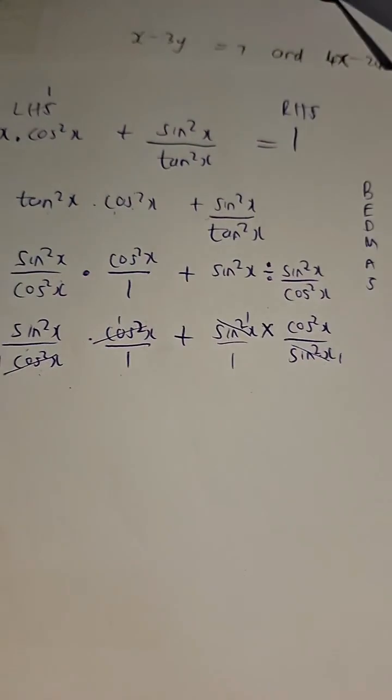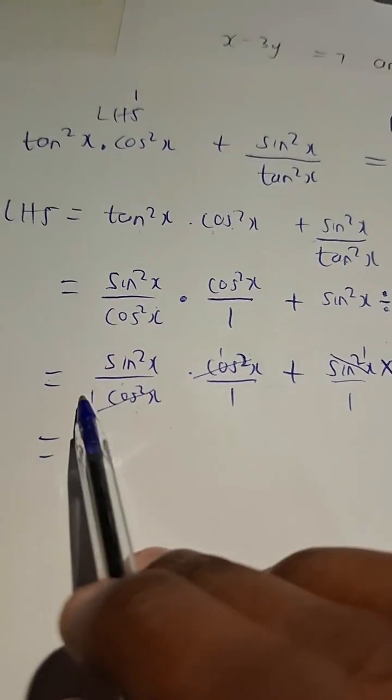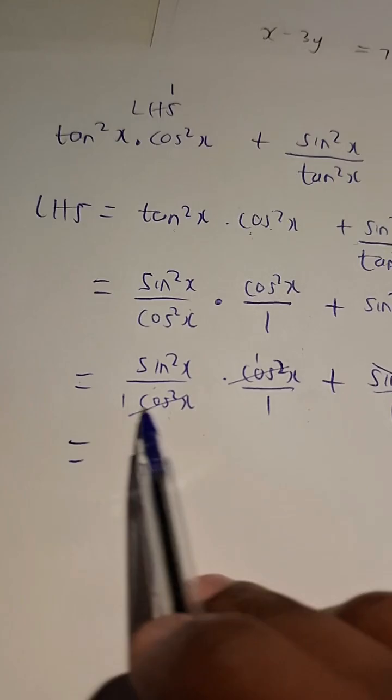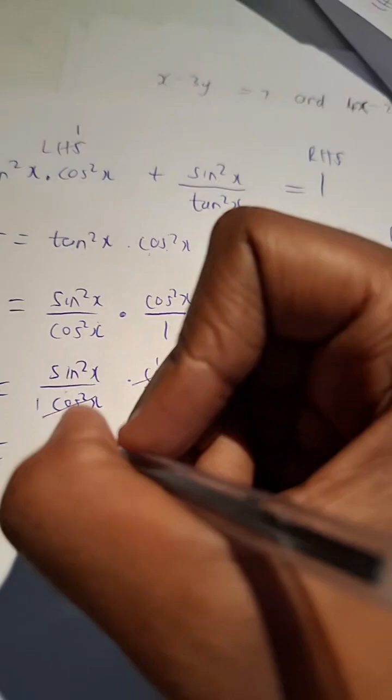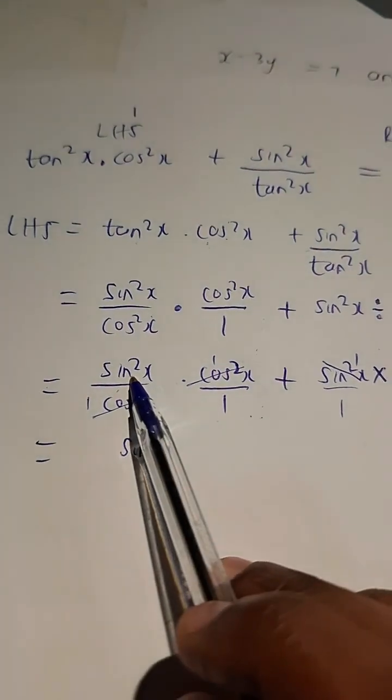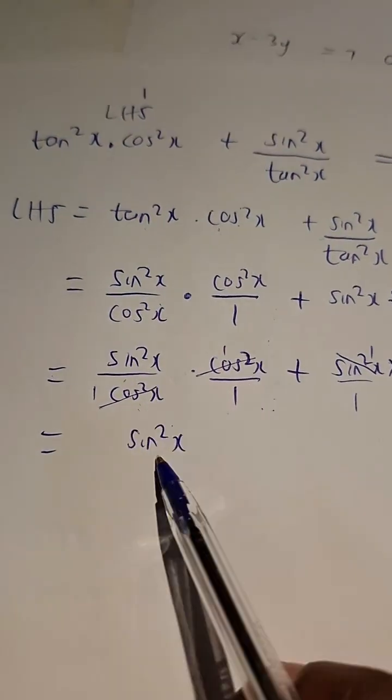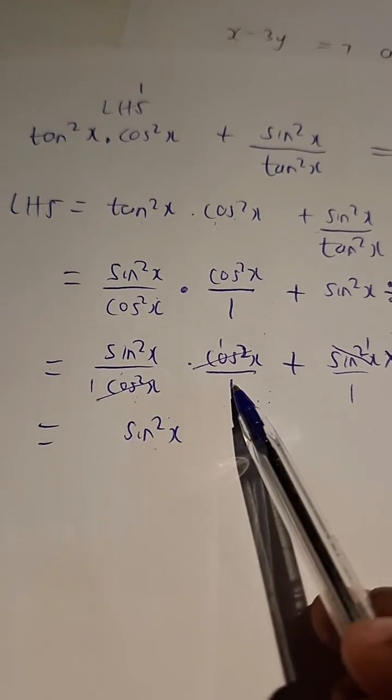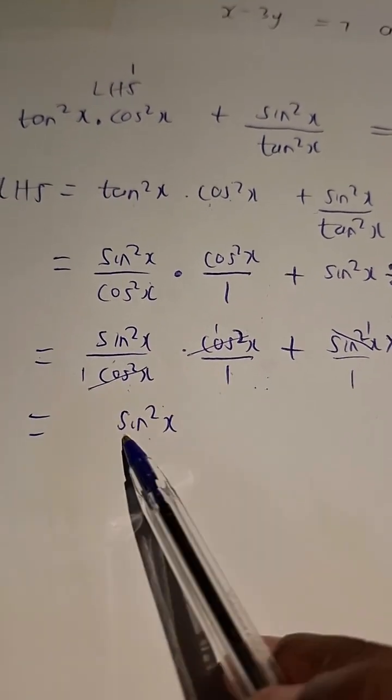So for this side, what do I have? I'm left with sine squared x in the numerator. Sine squared x times 1 is sine squared x. 1 times 1 in the denominator is 1. So sine squared x over 1 is sine squared x.